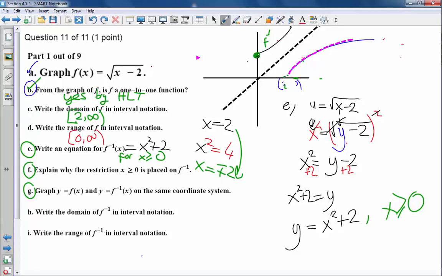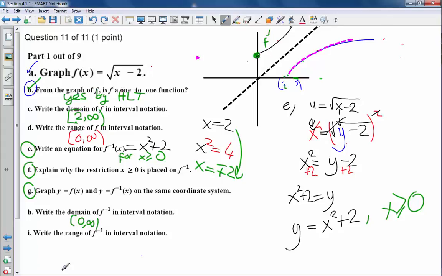You can cheat here actually, if you observed this before. What is the domain of f inverse? It's these values. It's actually the range of f. So what did you find for the range of f? Where is 0 to infinity? So the domain of this will be the same.